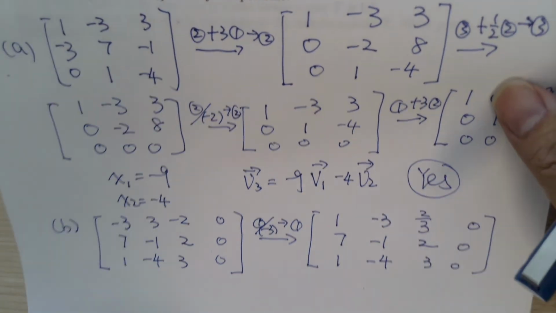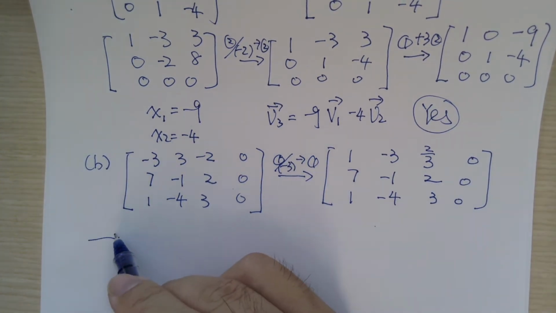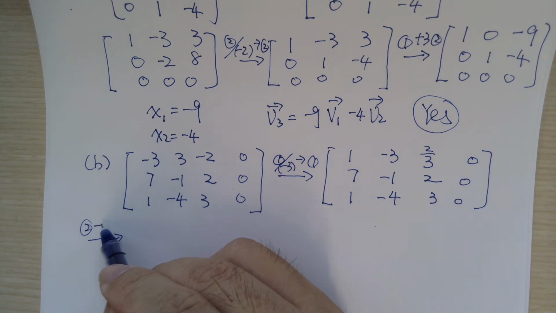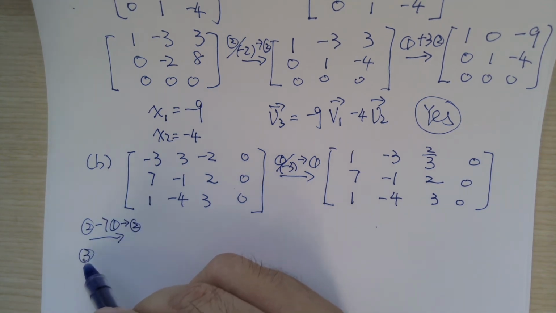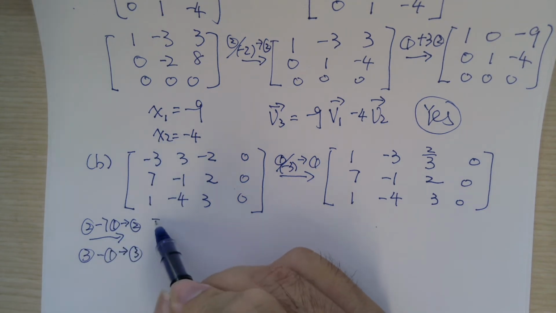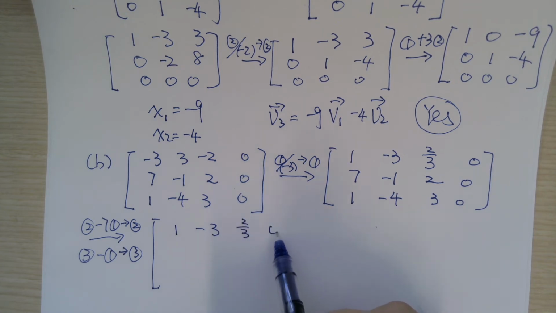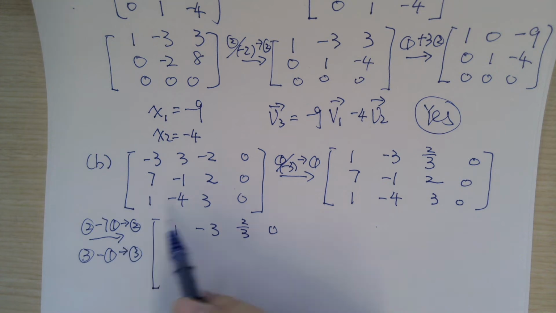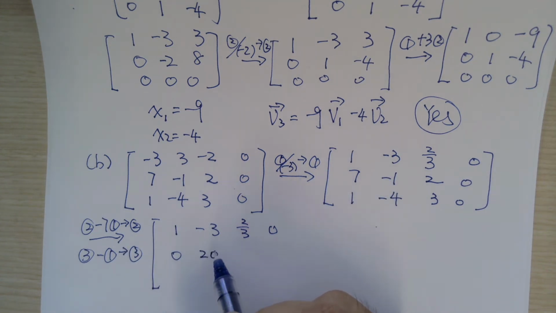If you continue to do that, you can use row 2 minus 7 times row 1 as the new row 2, and row 3 minus row 1 as the new row 3. So it's 1, negative 3, 2/3, 0.